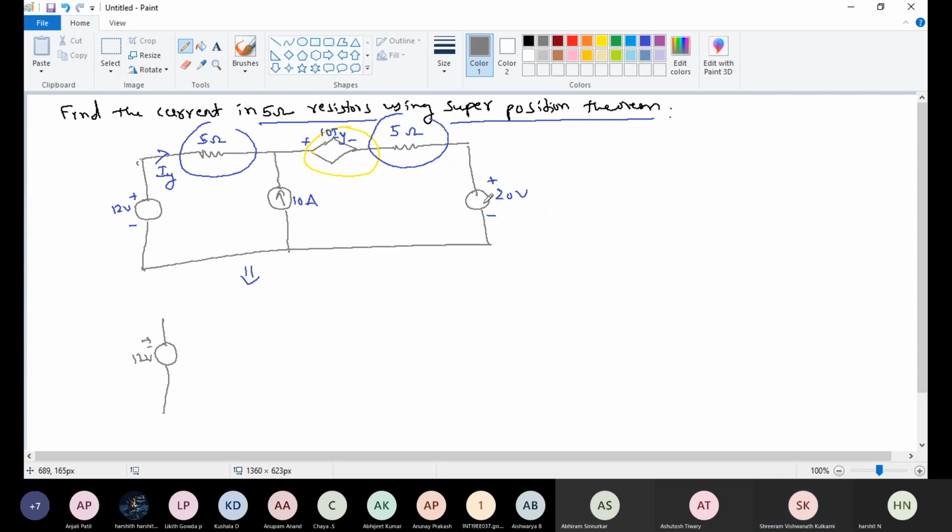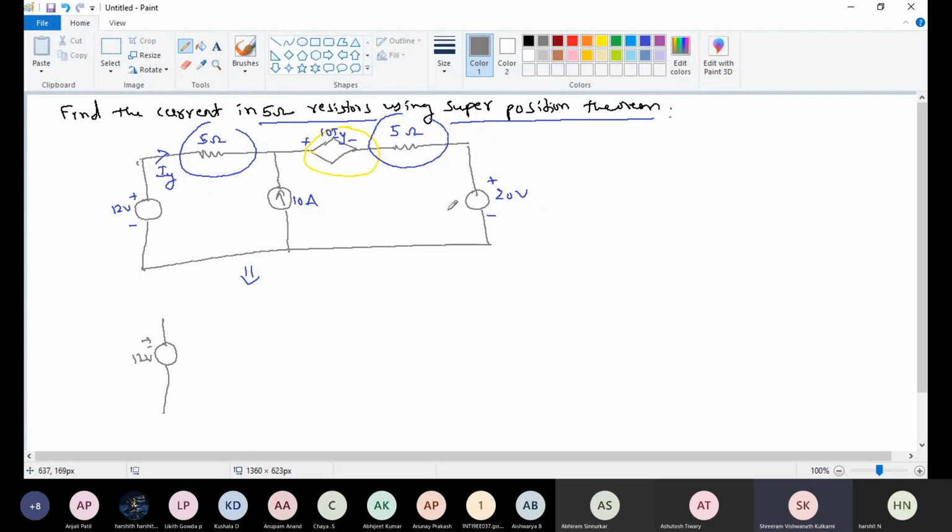If an independent voltage source is there, I need to replace it with its internal resistance. If I'm considering only 12 volt, then I'm going to replace the independent voltage source, 20 volt, with its internal resistance.